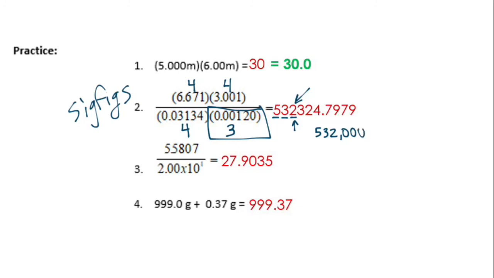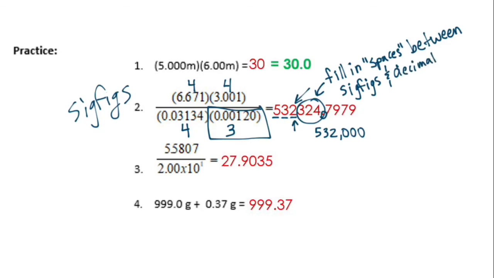532,000. We have to fill in these spaces between the significant figures we want to keep and that decimal place with zeros. And you might even go ahead and make a note of that, because that's something that people struggle with sometimes. The fact that I'm asking you for 3 sig figs, but you are able to still write down more than just 3 digits.